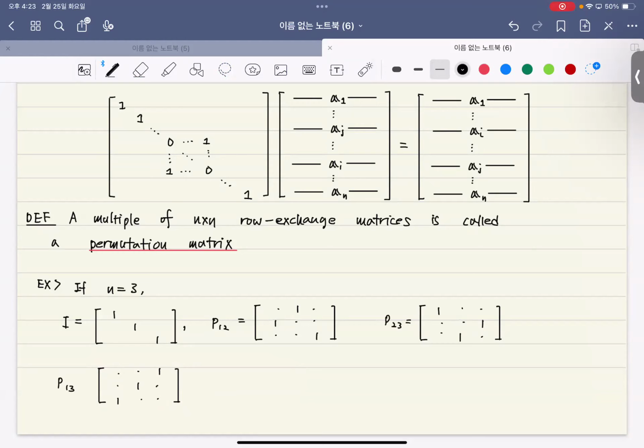And I must have 2 other permutation matrices.